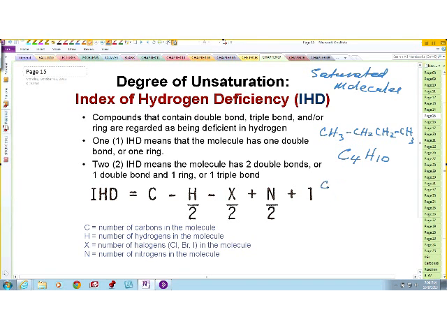Now, supposing then I have this. Let's give the molecular formula for this molecule here. This is 2-butene. It's C4H8.